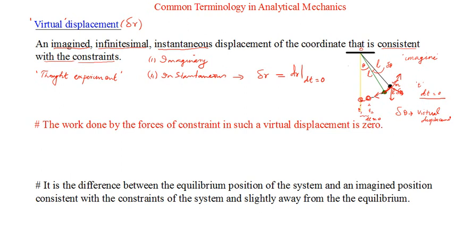Now, why do we do all this? Why do we take all this pain? Only because such a thought experiment gives you a mathematical technique to solve mechanical problems without bothering about tensions, without bothering about constraints. You need not bother about the presence of constraints in a mechanical system once you are ready to take this pain of imagining what is known as a virtual displacement.